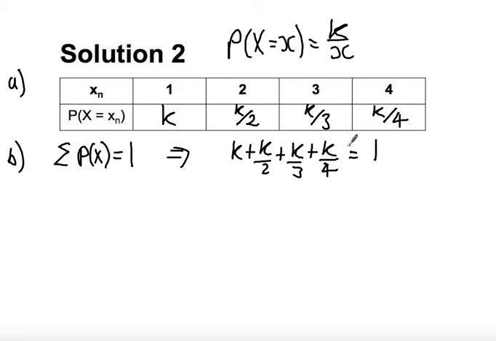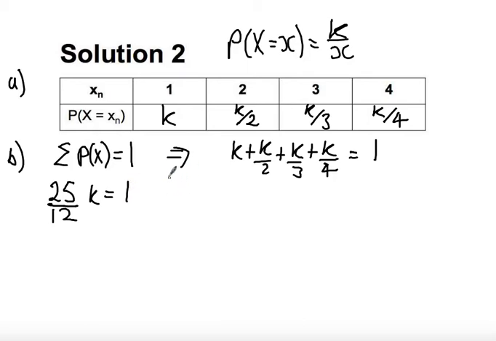Now, if I was to total up the left-hand side, essentially we've got 1 plus a half plus a third plus a quarter. We can just forget the fact that there's k there at the moment. This gives us 25 over 12 k equal to 1.